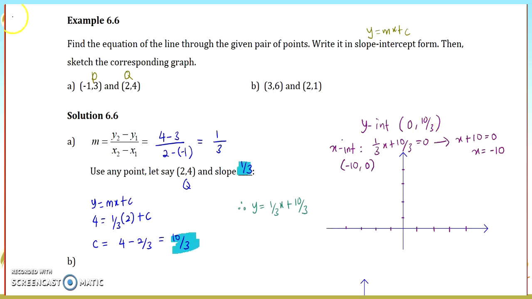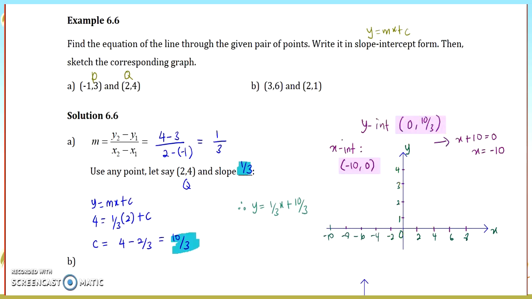Okay, with these two coordinates, we can draw the graph. So we start from the origin. So x is negative 10. This is the x-axis, and this is the y-axis. The coordinate of the y-intercept is (0, 10/3), which is 3.33.